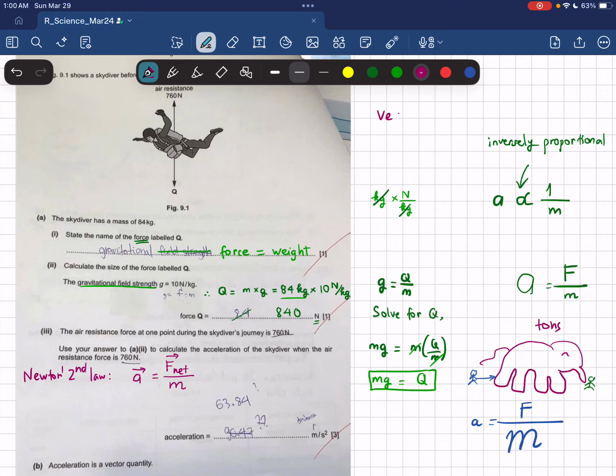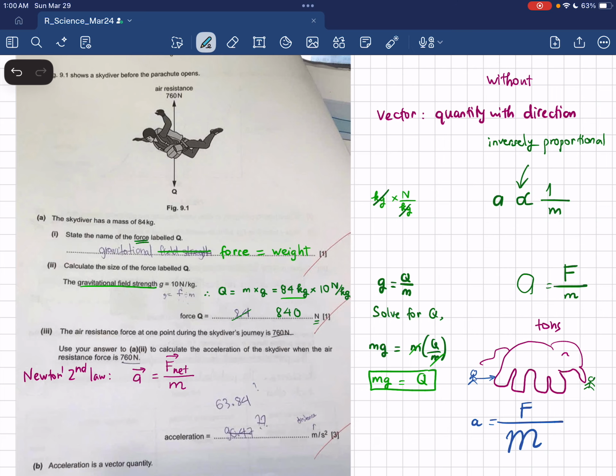So what is a vector? A vector is a quantity with direction. If you have a quantity without direction, how is this called? It is called a scalar quantity. Scalar is the adjective to describe it.